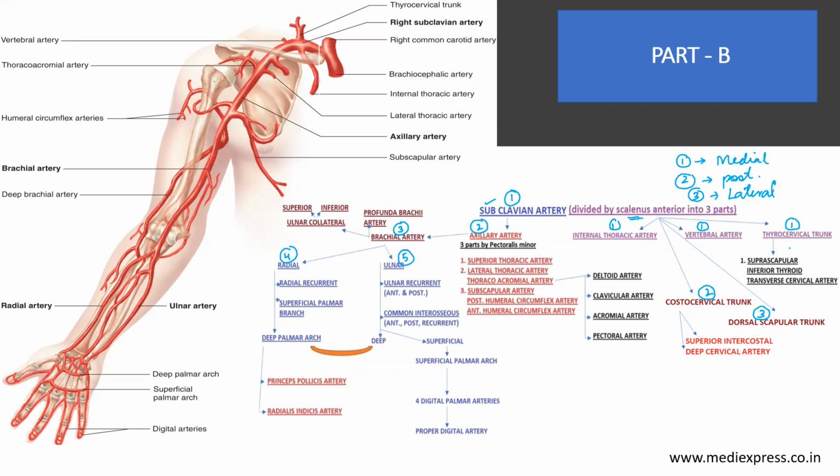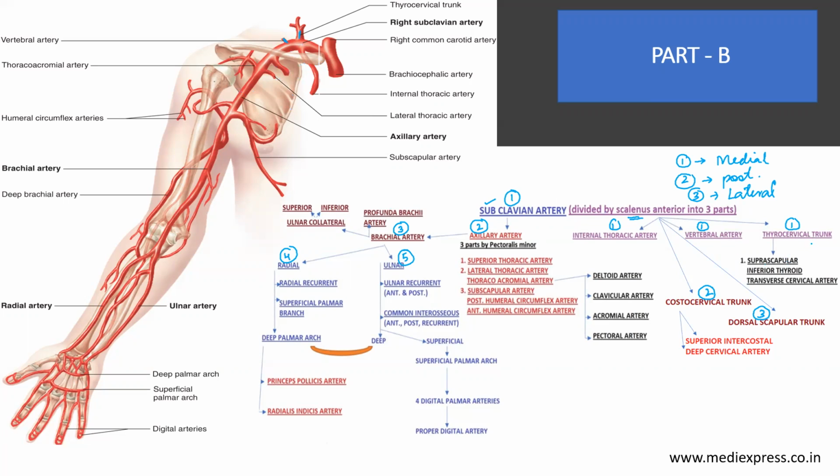Now, coming to the branches of the thyrocervical trunk, you can see over here there's a thyrocervical trunk, the first part. And then we have a vertebral artery too. Now, coming to the second part, we had a costocervical trunk, which is not mentioned over here, and the dorsal scapular artery is not shown over here.